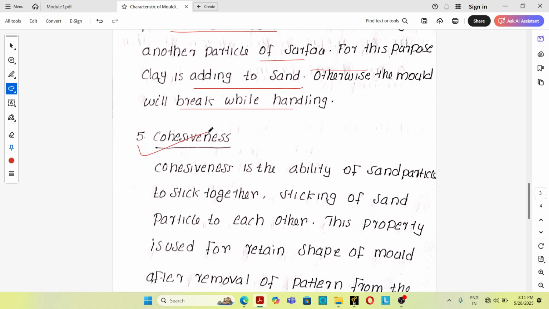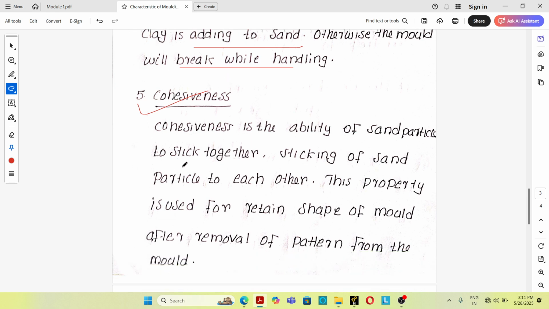And the fifth one is cohesiveness. Cohesiveness is the ability of sand particles to stick together. That's very important. This property is used to retain the shape of the mold after removal of the pattern from the mold. So due to this property, after removing the pattern, the shape will be retained.